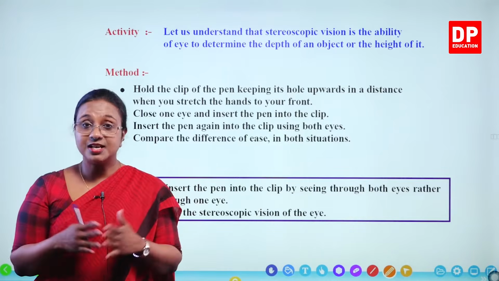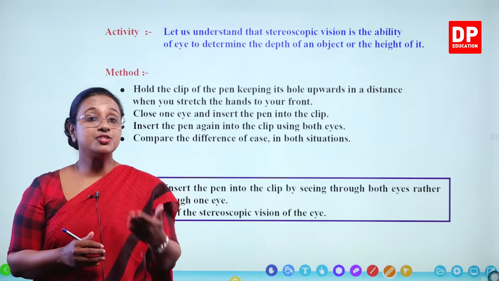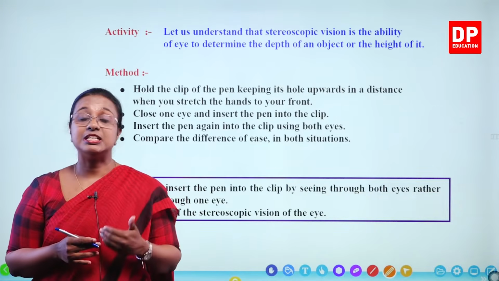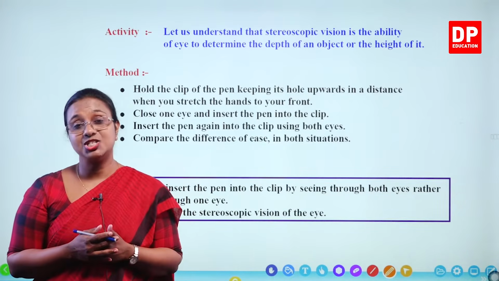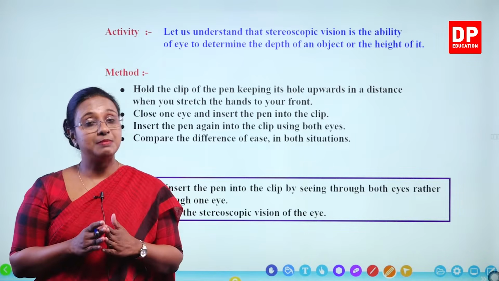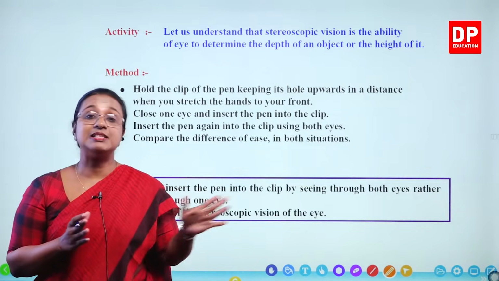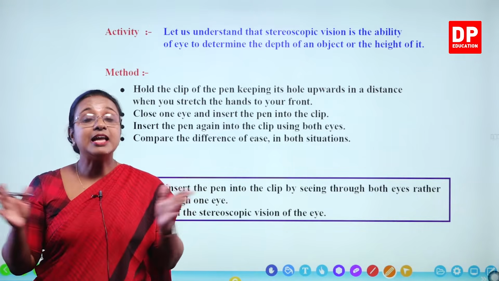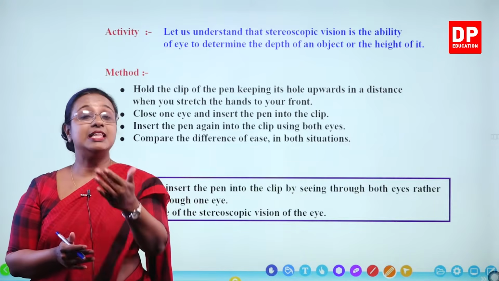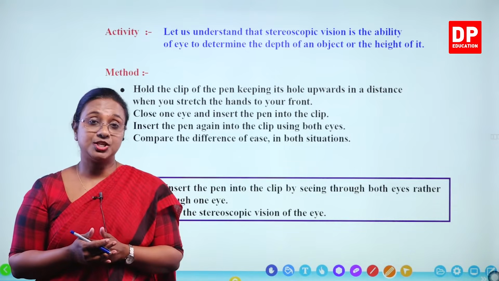That gives us better vision. Because of that, we have the stereoscopic vision, which helps us to determine the depth or the height of an object. This is not there for all mammals. Only some mammals have a broad range of binocular vision and therefore stereoscopic vision.